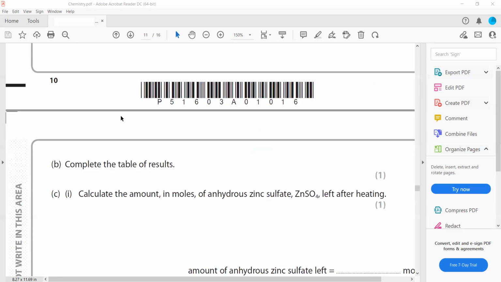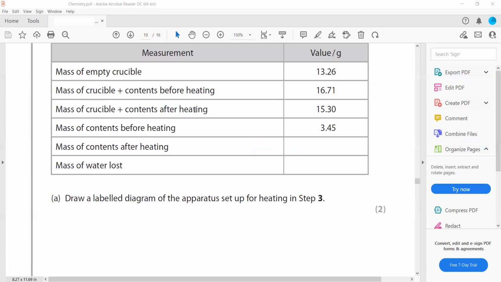Then complete the table of results. So we have to complete the mass of content after heating. First, empty crucible is 13.6, crucible plus content 16.7, mass of crucible after heating 15.3. For the mass of content after, we subtract after heating and the original mass of the crucible. So 15.3 minus 13.26, this is 2.04.